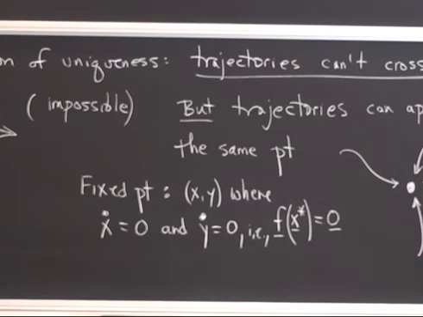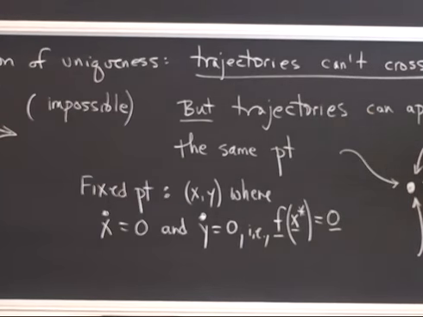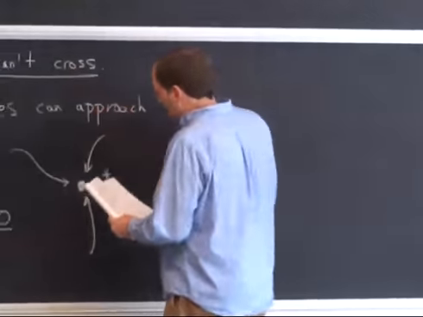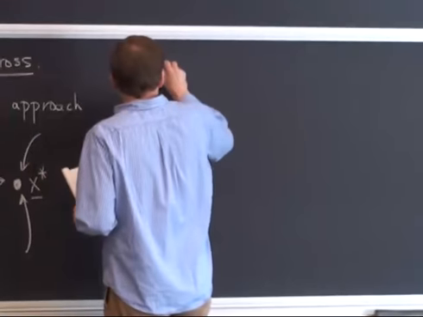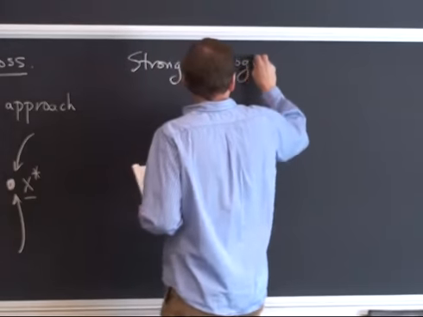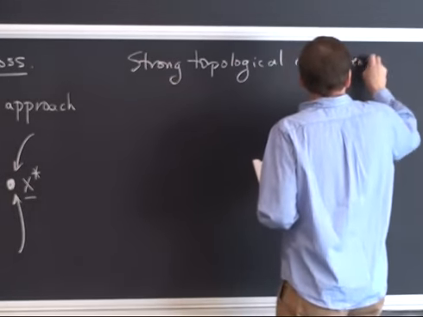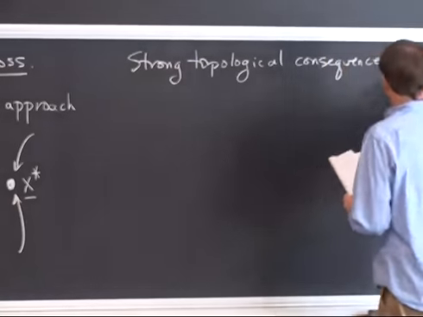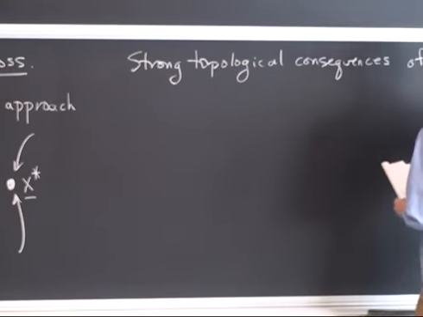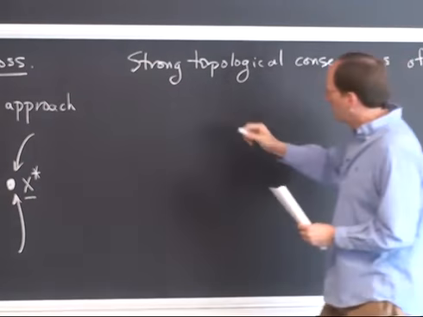And back to this comment about the trajectories not being able to cross, here's an example of a topological consequence of that that is interesting. So there are all kinds of strong consequences of non-crossing of trajectories.